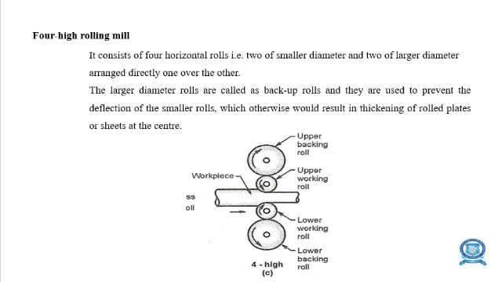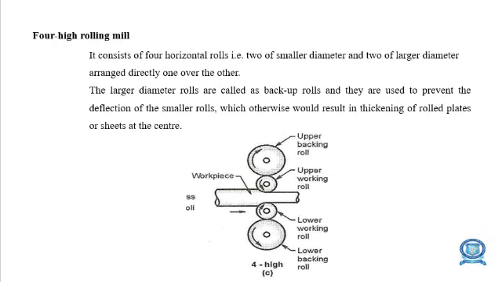The large diameter rolls are called backup rolls, and they are used to prevent the deflection of the small rolls, which otherwise would result in uneven thickness of the rolled plate or sheet at the center.